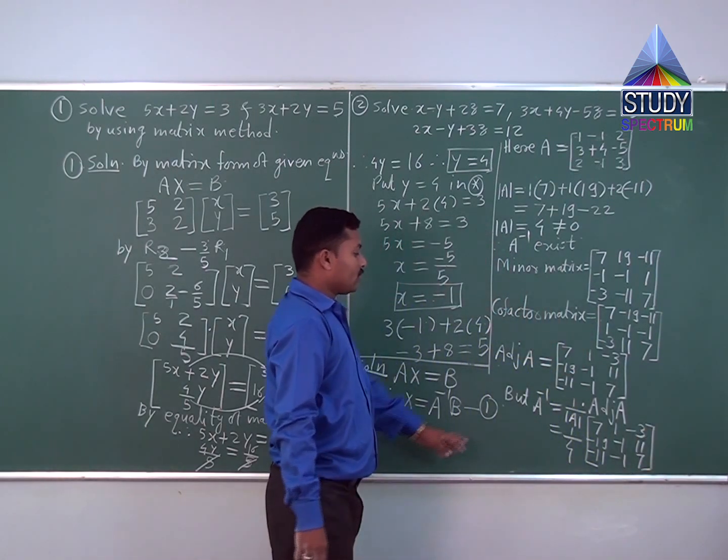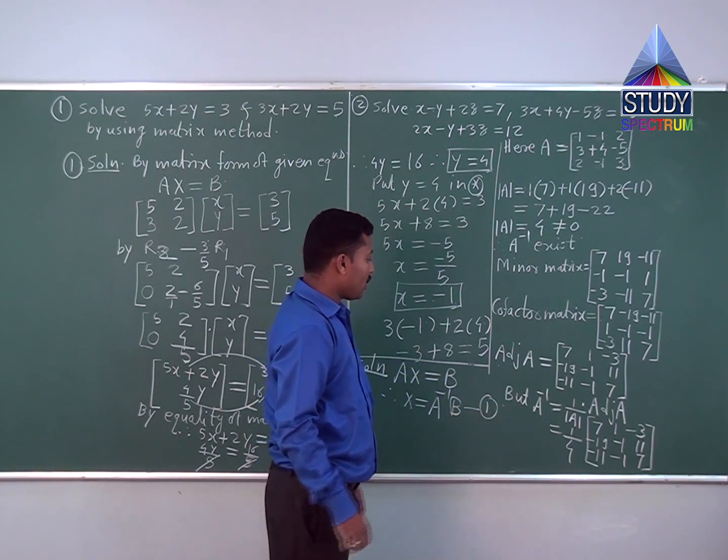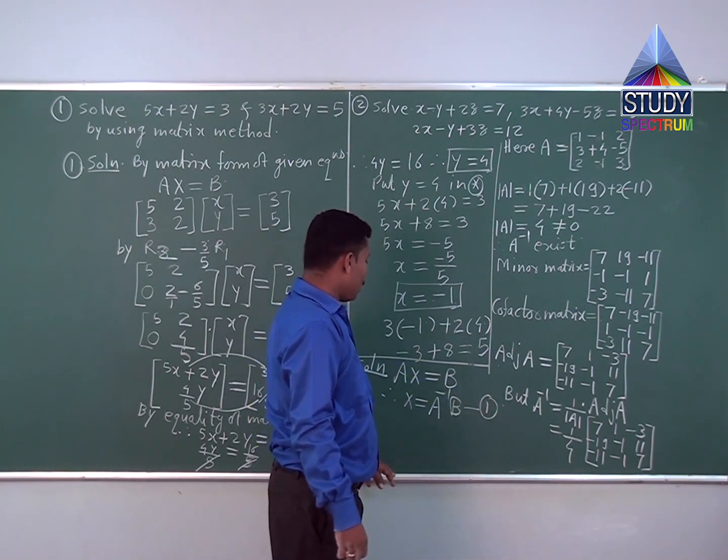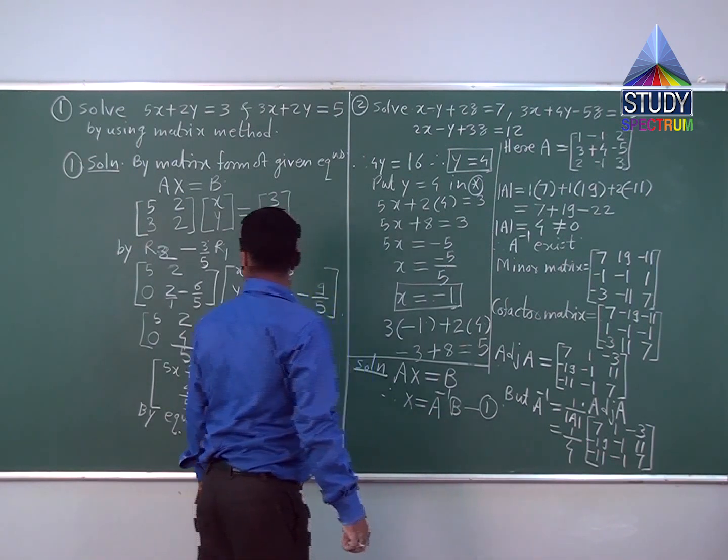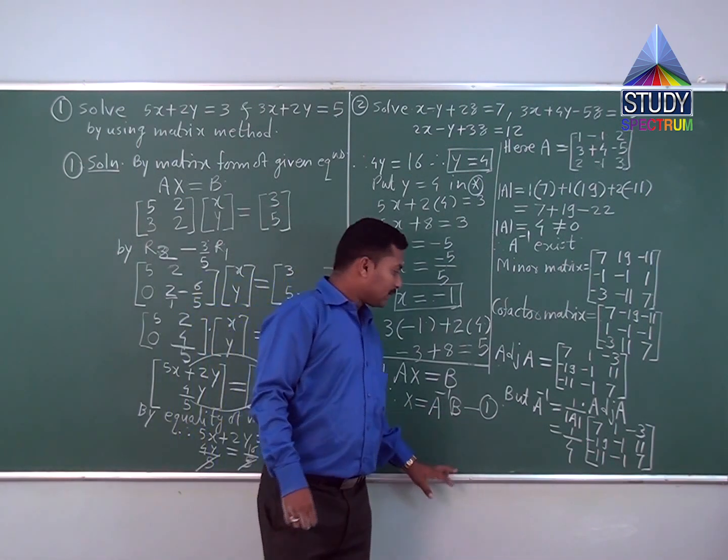So A inverse equal to 1 upon determinant A into adjoint of A. This is our A inverse. So we take this A inverse with B. So we discuss this solution.